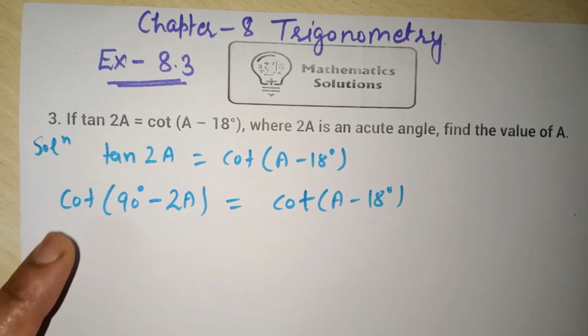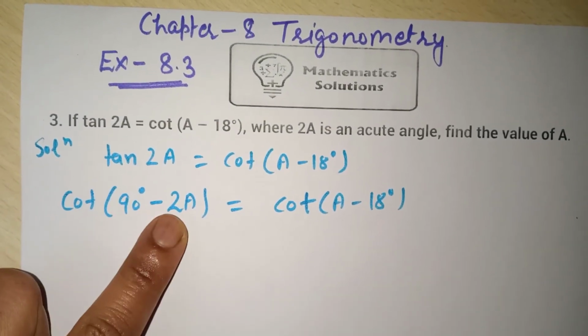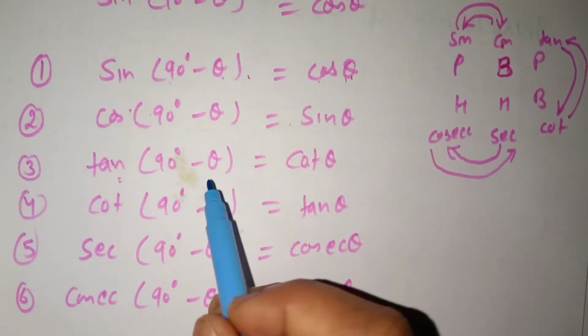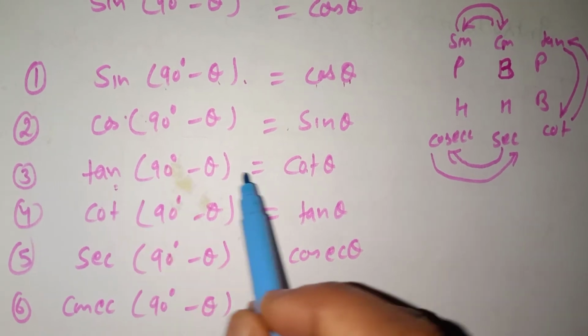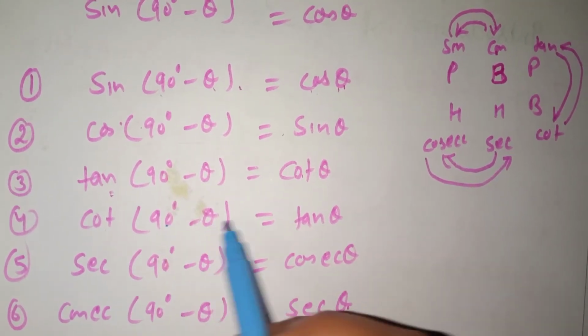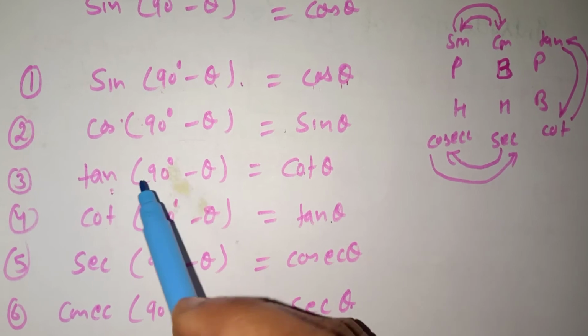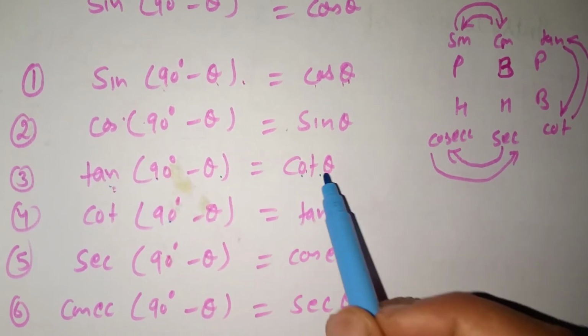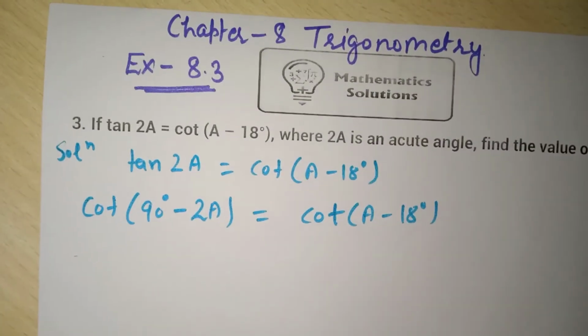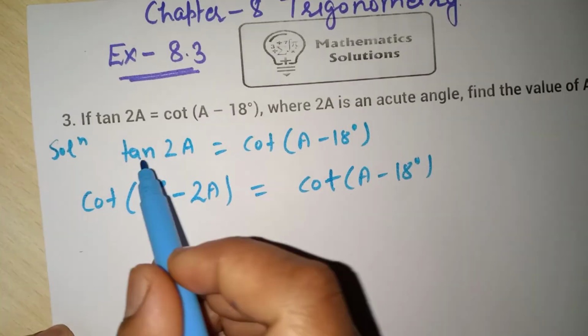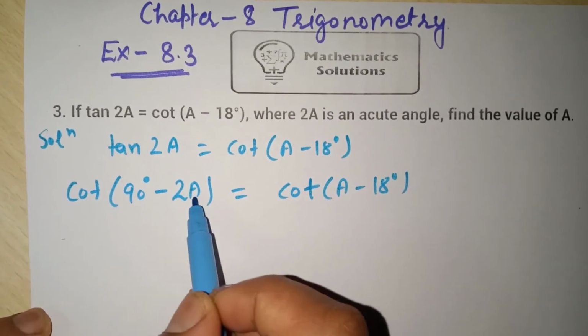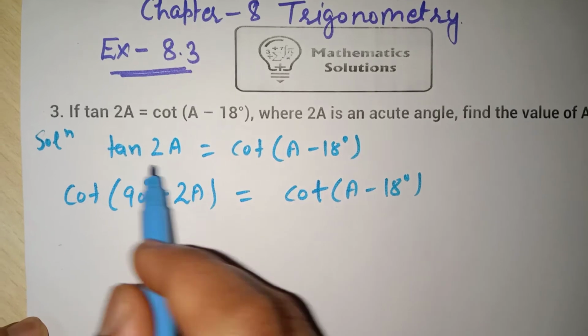Because the value of cot(90 degree minus A) is equal to tan A, as we did in the previous video. The value of cot(90 degree minus theta) is equal to tan theta, and tan(90 degree minus theta) is equal to cot theta. Both are inverse of each other. So we can write tan 2A as cot(90 degree minus 2A) because its value is tan 2A.